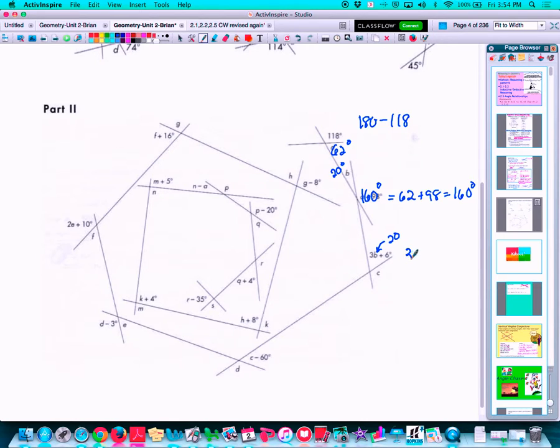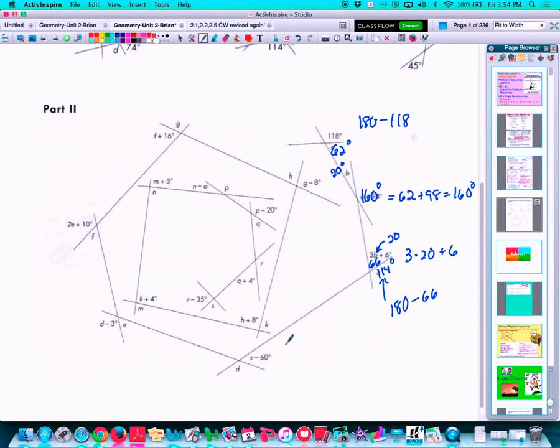So basically we've got 3B plus 6, so that's 3 times 20 plus 6. 3 times 20 is 60, and 60 plus 6 is 66. And then we can find the linear pair with that right here, 180 minus 66, which is 114 degrees. So C is equal to 114, and so on and so forth.